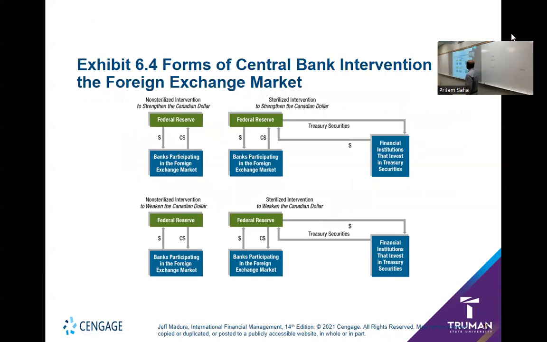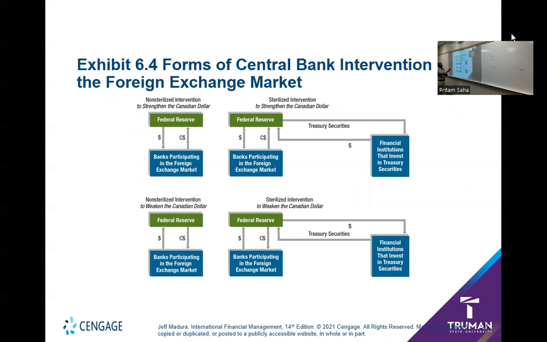So here is the graph of what we talked about. When the government, the central bank or the Federal Reserve wants non-sterilized intervention, their activity is limited only to that. Make sense? They just participate in the market, that's it, nothing else.